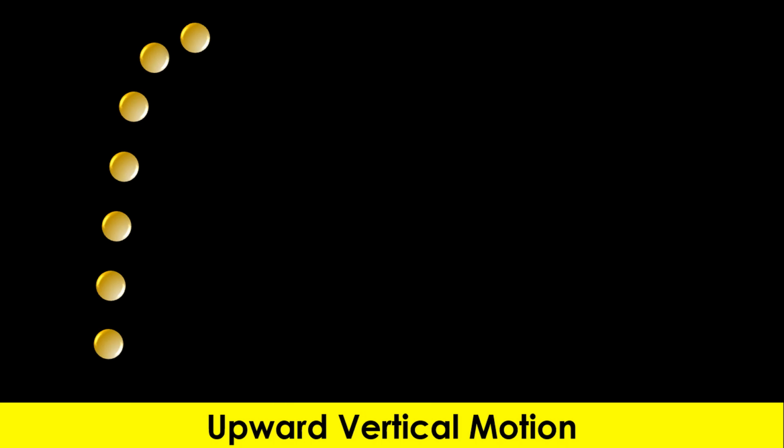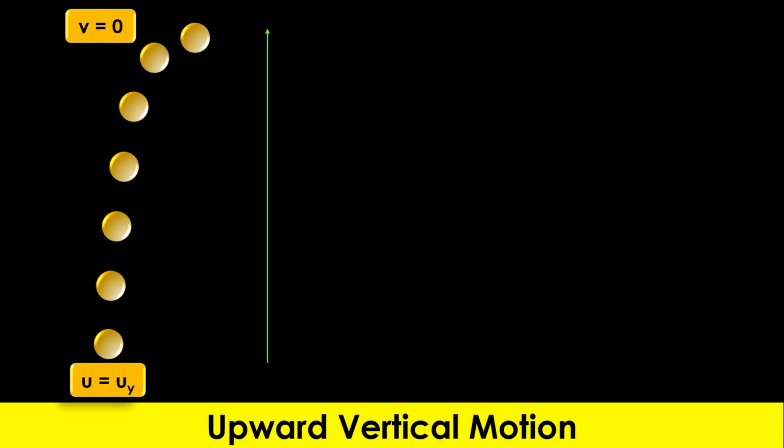Starting with the upward motion, let's now analyze the two different parts of the vertical projection using the equations of motion. In the upward motion, the initial velocity u of the body will be equal to uy, while its final velocity v at the maximum height will be equal to 0.